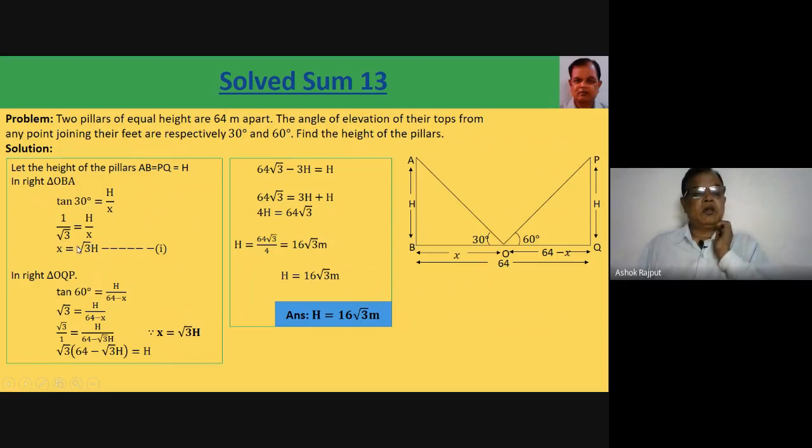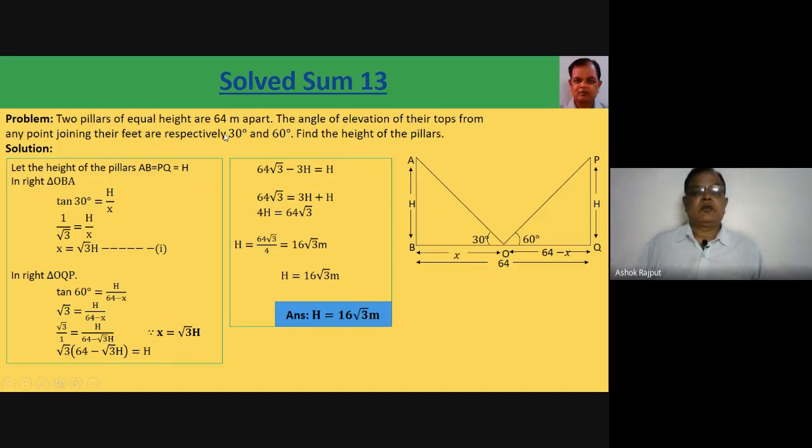Now the next question: the length of the string between a kite and a point on the ground is 90 meters. If the string makes an angle theta with the level ground such that tan theta equals 15 by 8, find the height of the kite.